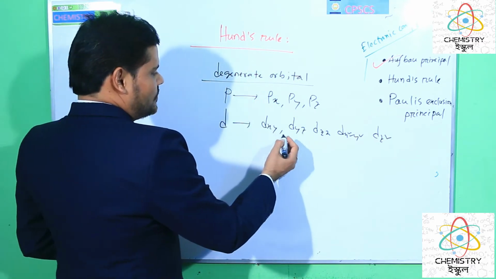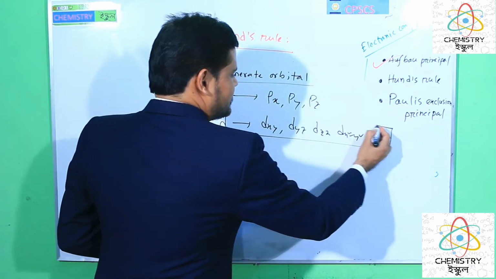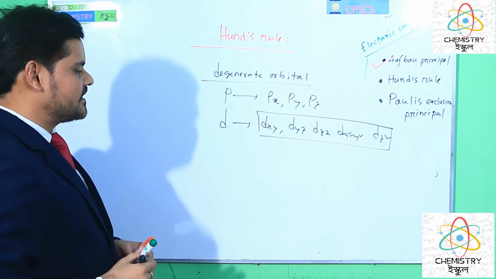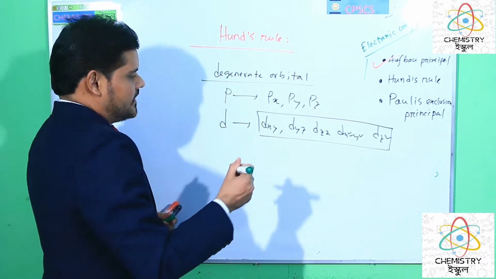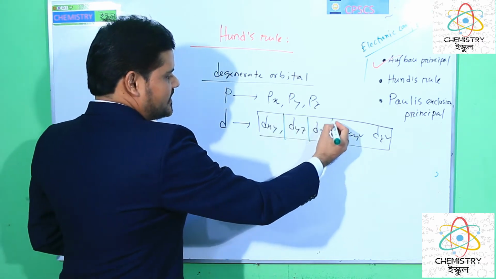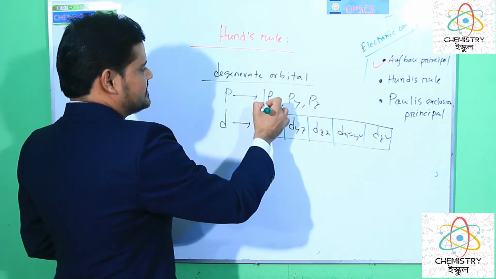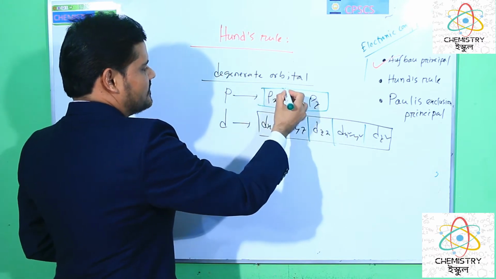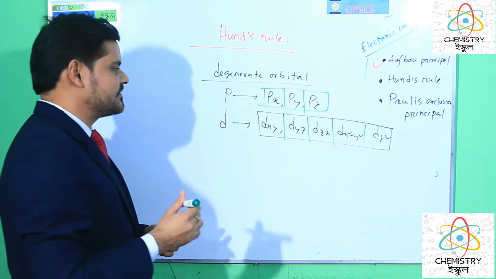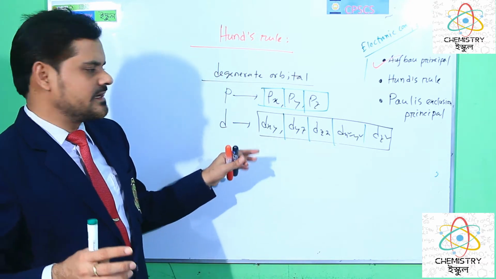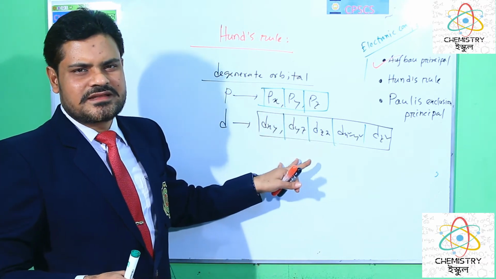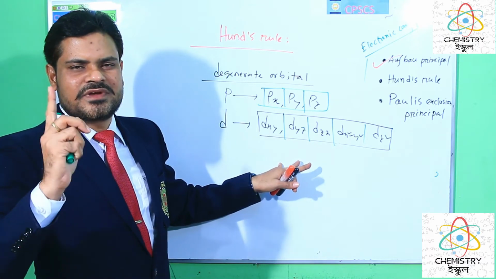And we know that each and every orbital contains a maximum of 2 electrons. Here, there are 5 orbitals for the d sublevel, 3 orbitals for the p sublevel. When electrons enter these orbitals, the electrons enter first in the maximum unpaired state.